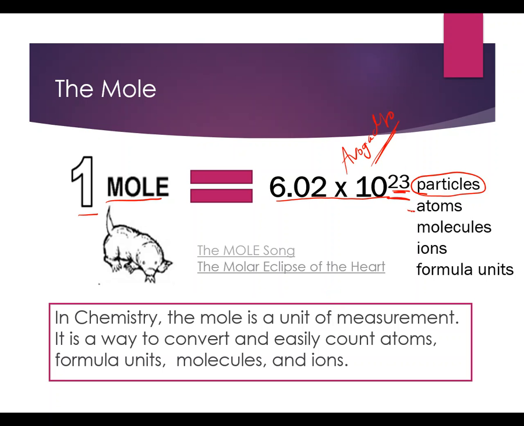If we're talking about an element off the periodic table, it's atoms. If we're talking about covalent compounds that share electrons like water or carbon dioxide, these are called molecules. If we're talking about a charged atom like Na+, Cl-, anything with a charge on it, those are ions, of course.